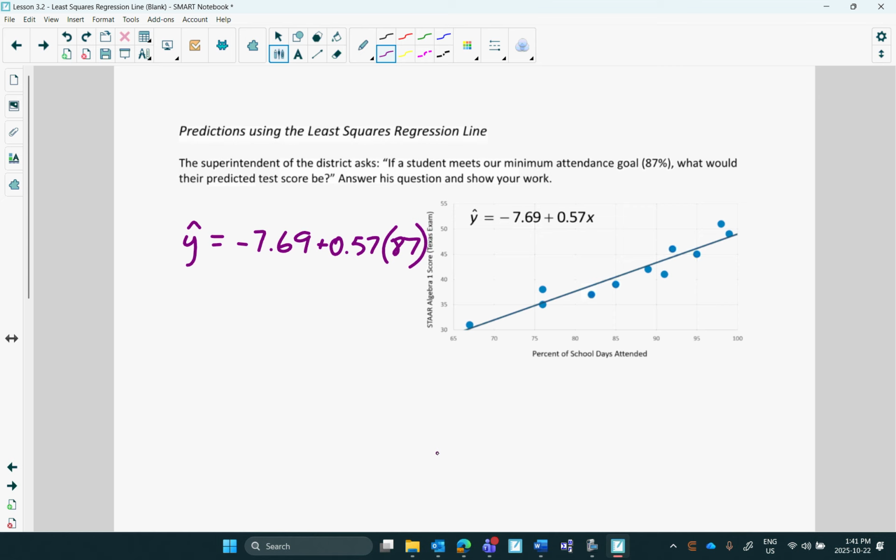And if you calculated that, it works out to a test score of 41.9 whatever points. Okay.